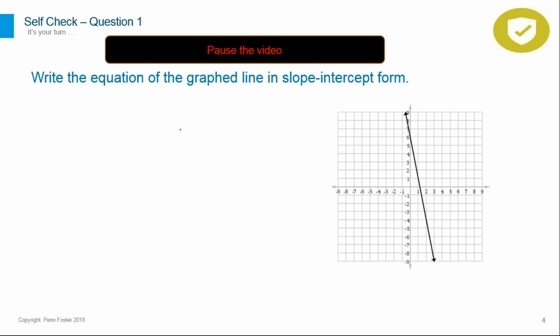So the first thing I need to do is write out the equation, the slope-intercept form, so I would know what information I need. y equals m, the slope, times x, the variable, plus b, where the line intersects the y-axis. That's y and that's x.